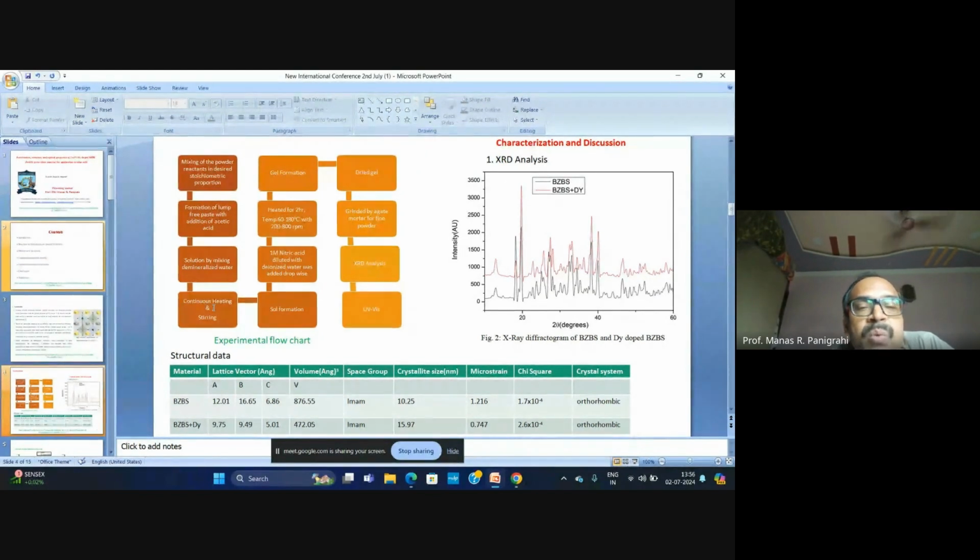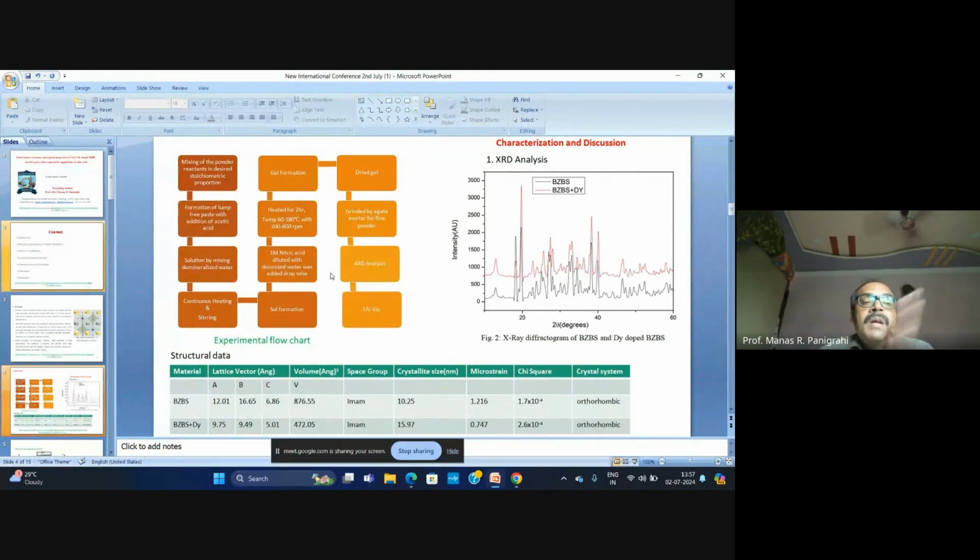Then, in order to remove that water portion, we add 1 molar nitric acid for refluxing of that water. Along with that, we go on continuously stirring and heating at a temperature of, say, 220 degrees centigrade, and then we get a gel after 3 hours, a uniform, very silky gel. It is, you can say, an aerosol also.